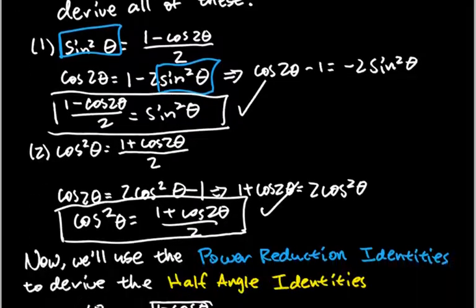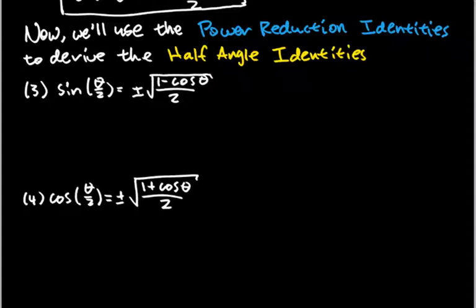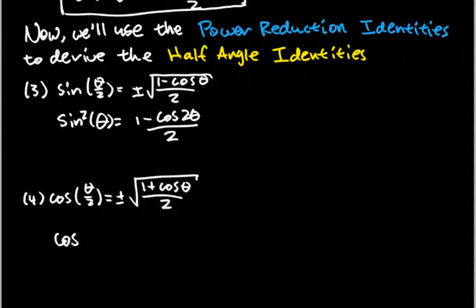Alright, how are we going to use these to get the other ones then? So actually this isn't too difficult. So I'm just going to write down the power reduction here, and then you're probably going to be able to see where this is going.